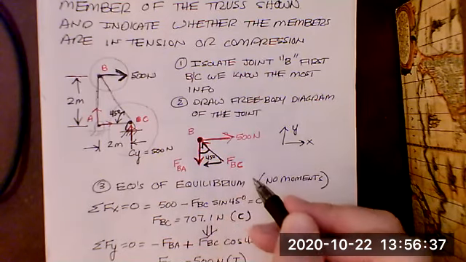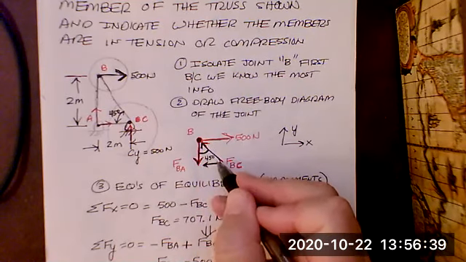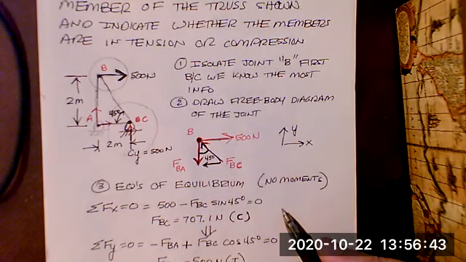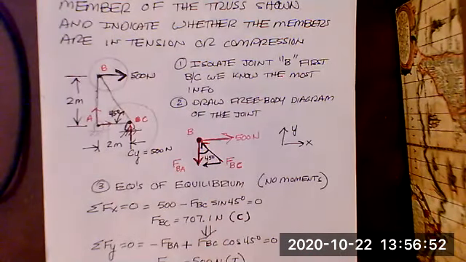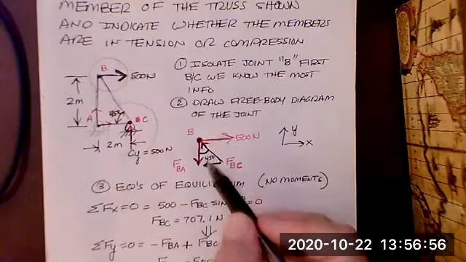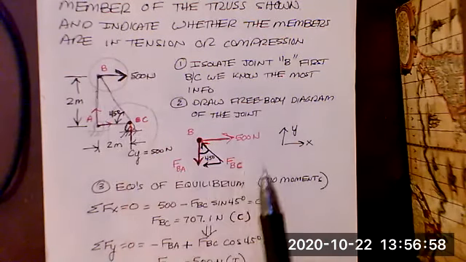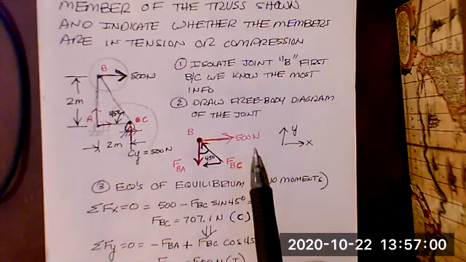This could have been 30, 60. If that was the case, you could have said cosine 60 or sine 30. I'm talking about this angle right here. Right now it's 45, and cosine and sine of 45 degrees are the same. But this could have just as easily been a 30, 60, 90 degree triangle.